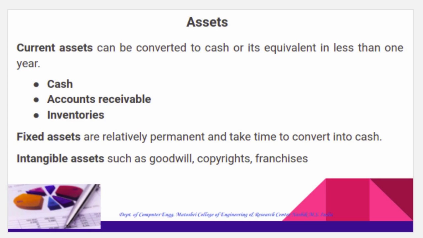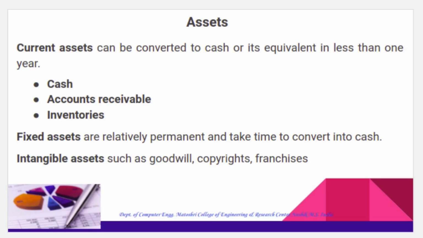Goodwill appears on the balance sheet only when an operating business is purchased in its entirety. Goodwill indicates any additional amount paid for the business that makes up the fair market value.